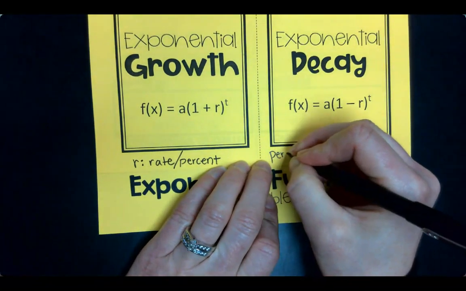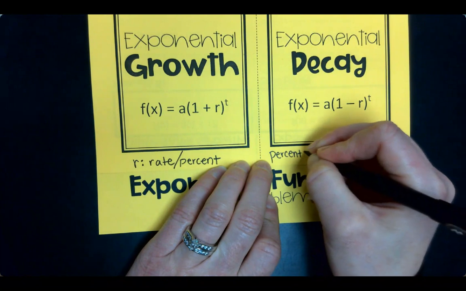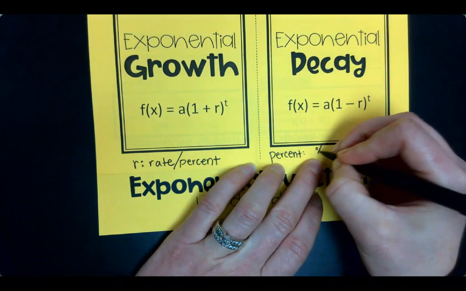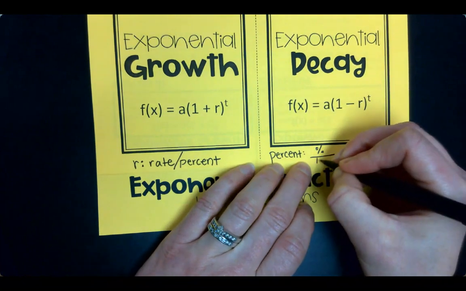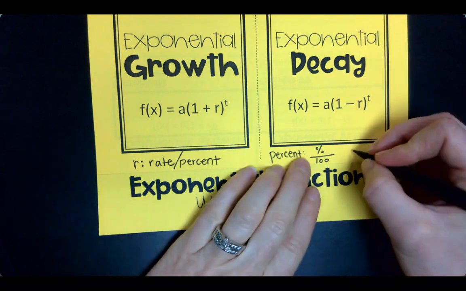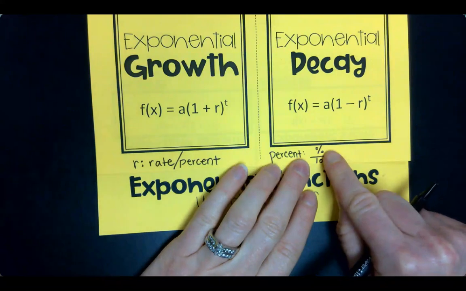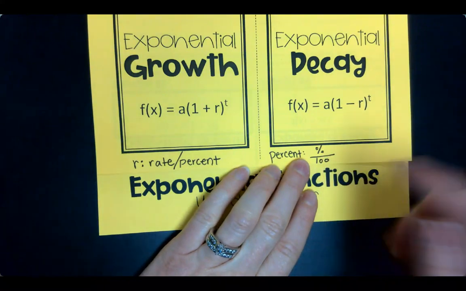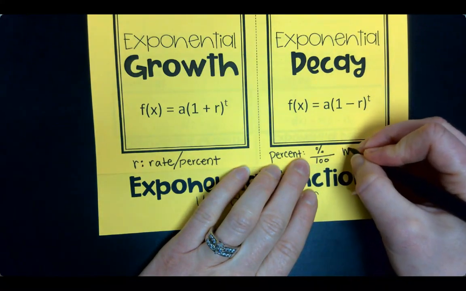Percent, as a review, percent means out of 100. So I'm going to put the percent sign over 100. And we are going to convert that to a decimal. The easiest way to do it is using our calculator. We put the percent out of 100, and then we write it as a decimal.